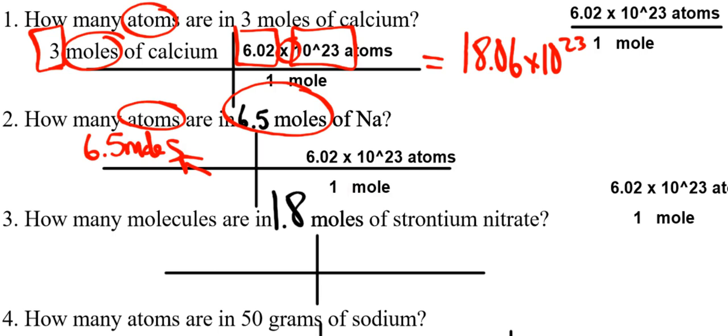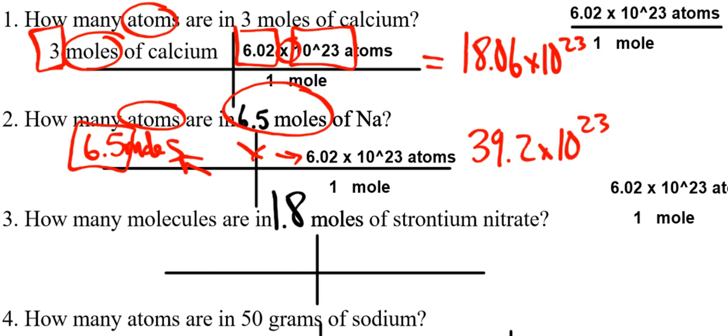So now, and I don't have my calculator, I'm not going to do it, but you would take 6.5 and you would multiply it by 6.02. And I'm just going to pretend, I don't know the answer, but 6 times 6 is 36. So I'm going to add another 3 because it's a half. I'm going to say 39 point, I don't know, 2 times 10 to the 23rd.